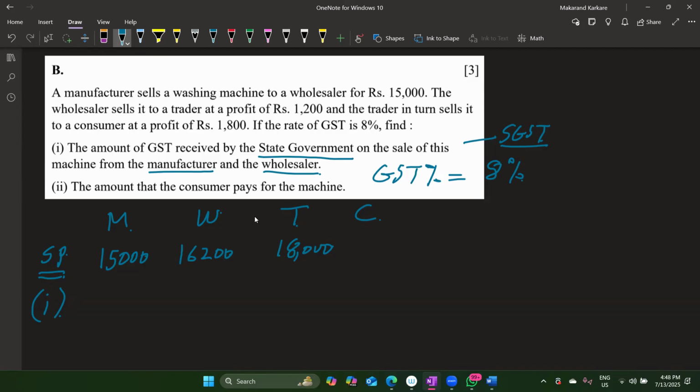So what they are asking us is what is the GST on this transaction plus GST on this transaction. Effectively, and remember there is going to be input tax credit taken. Correct. So as far as the government is concerned, what the state government is going to receive is simply the GST on this, is it not?